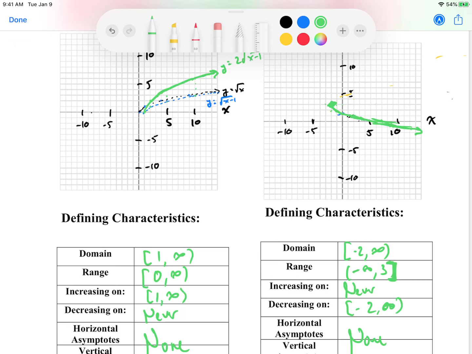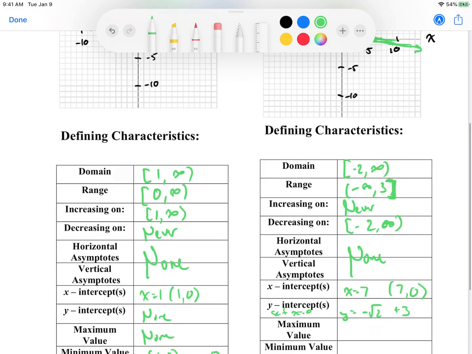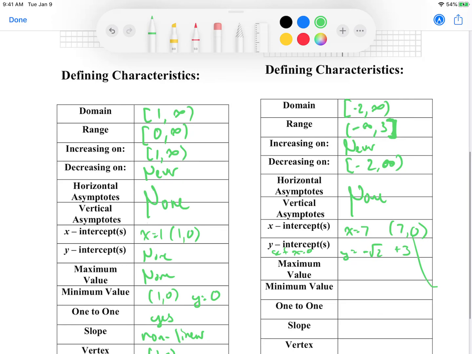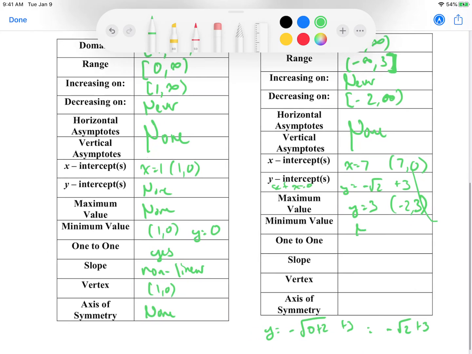That point is at negative 2, positive 3. My maximum value is y equals positive 3, or negative 2, comma 3, however we'd like to write it. No minimum value.